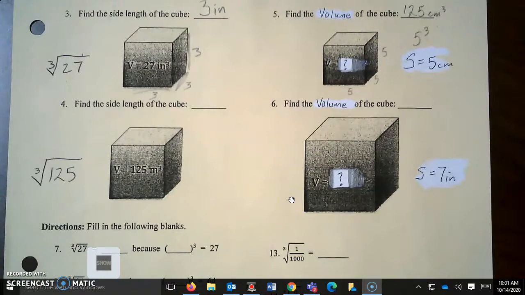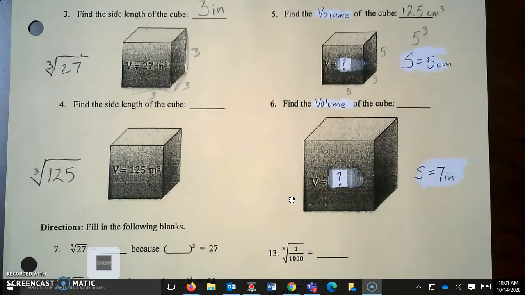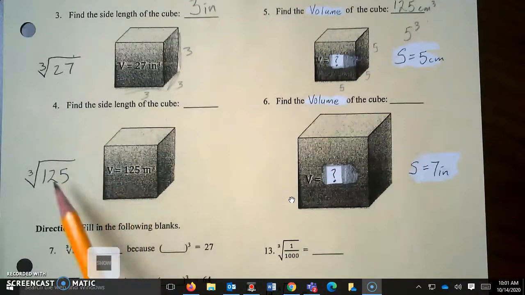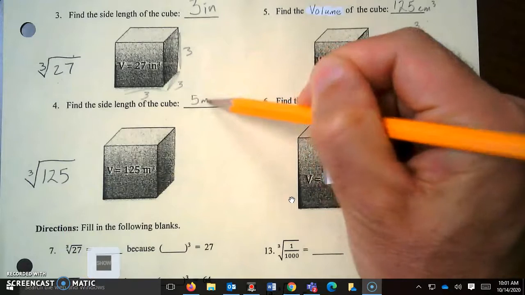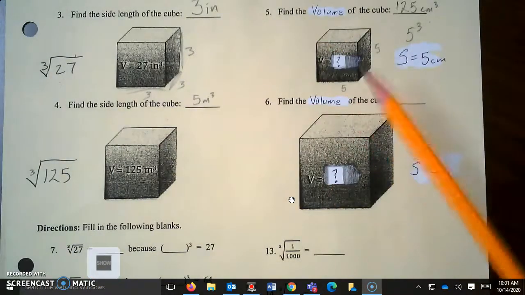And I'll then give the answer. So assuming you paused the video and did it yourself, if I have the volume, I need to take the cube root of the volume, which will give me a 5. It's actually this problem backwards.